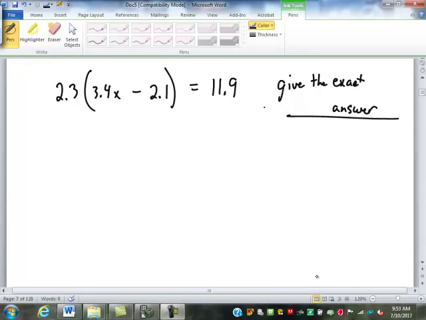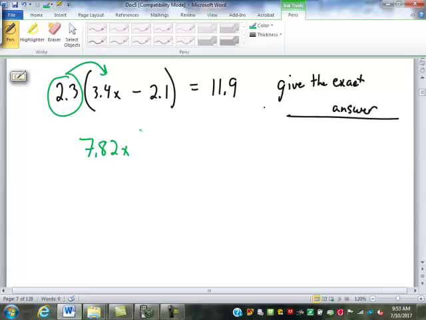What's our first move here? Distribute. We're going to multiply by the 2.3. So 2.3 times 3.4x is 7.82x.